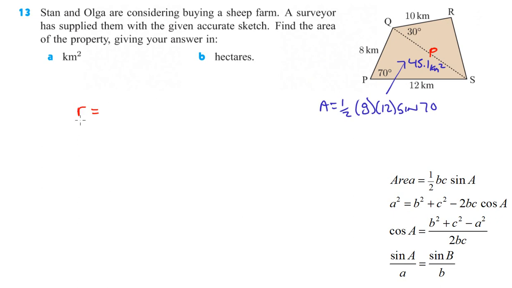So little p is going to equal, let's see, that's going to be these two included sides. So that's going to be 8 squared plus 12 squared minus 2 times 8 times 12 cosine of 70. And that's going to be p squared, right?